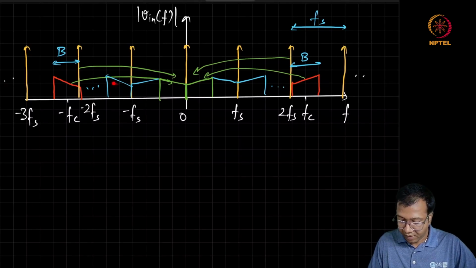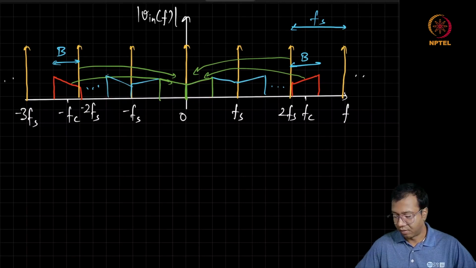If these replicas don't overlap with each other, then if we take these samples and process them further, there won't be any loss of information. This overlapping is also called aliasing.